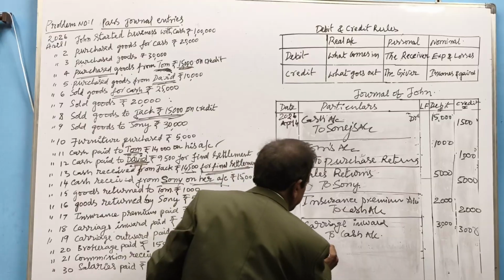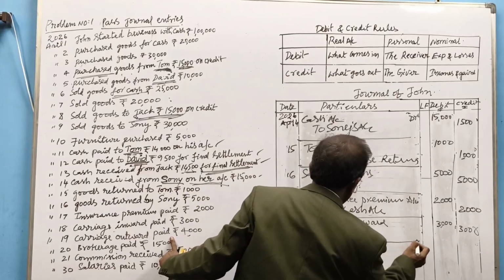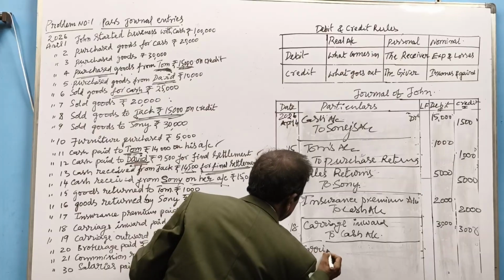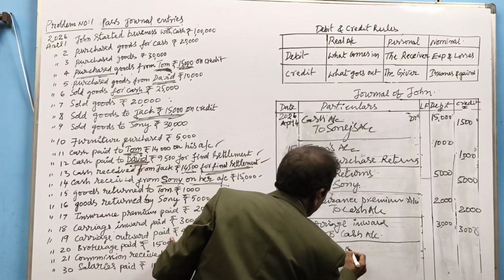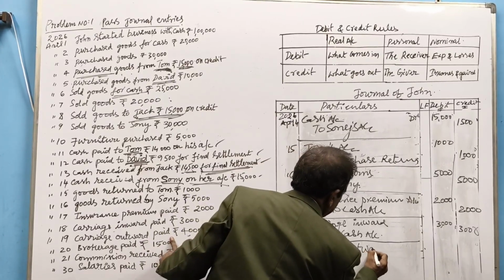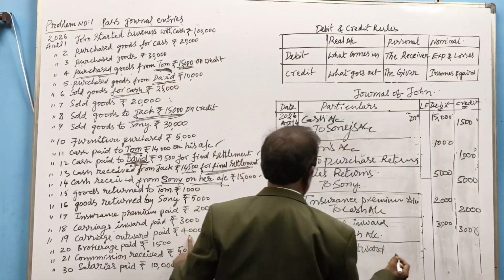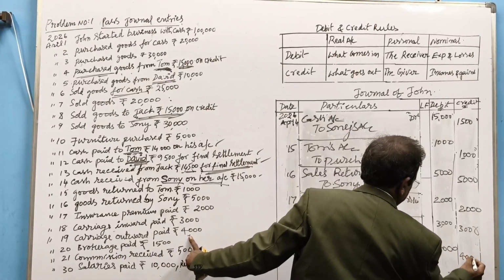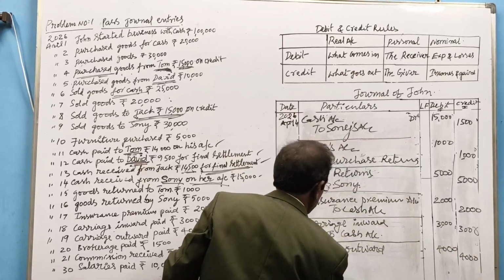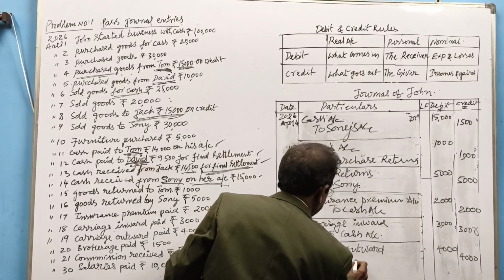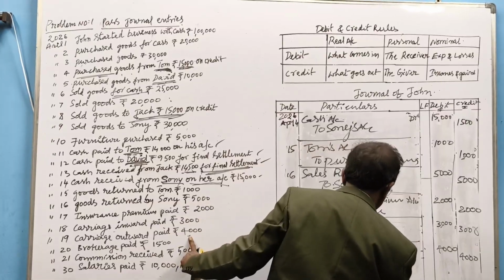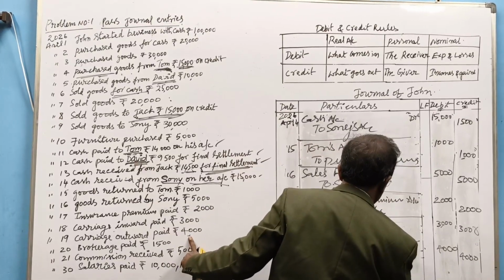That is given a special name, that is called carriage outward. Amount is 4,000 to cash. We should assume that we are giving cash account.